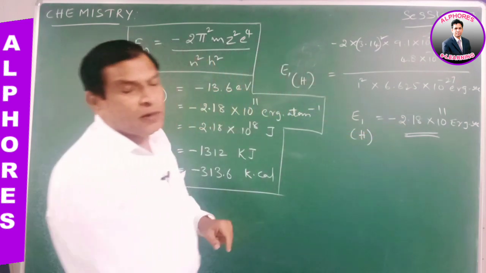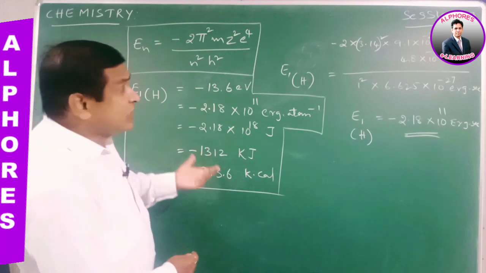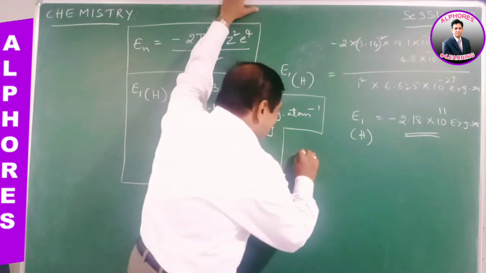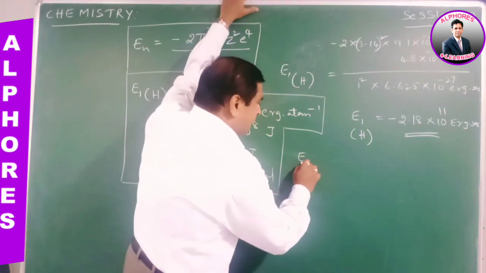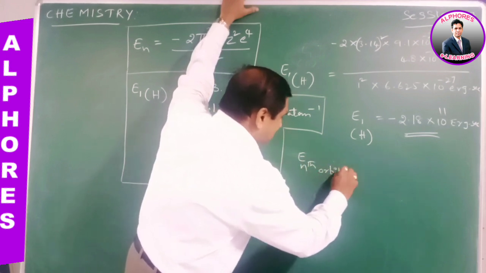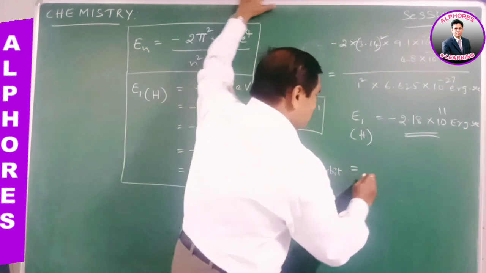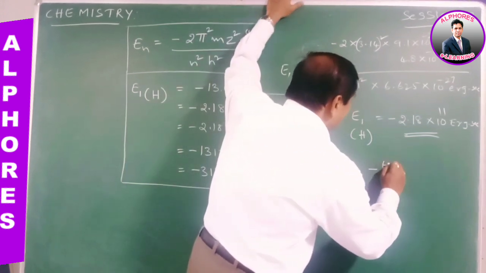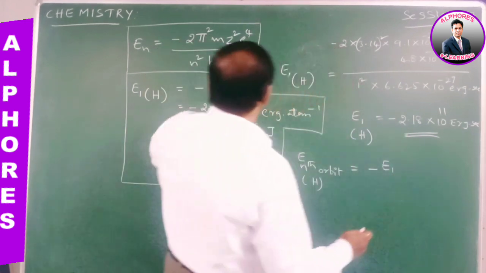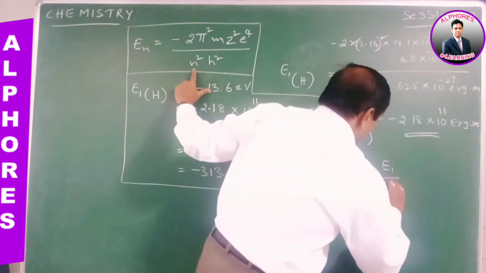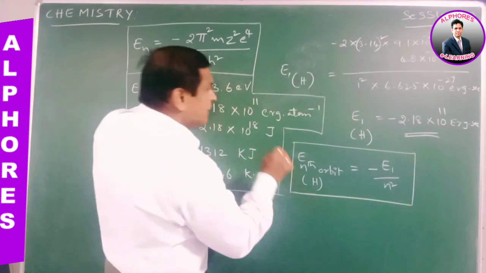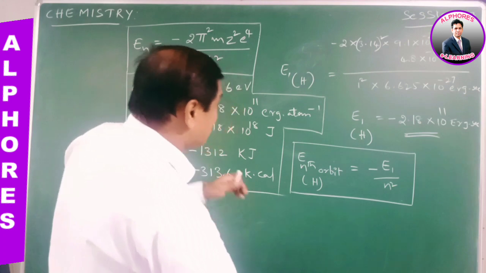Let us find the energy of the electron in the nth orbit of hydrogen: it equals minus the energy of the electron in the first orbit divided by n square. That is to calculate the energy of the electron in the nth orbit of hydrogen atom only.